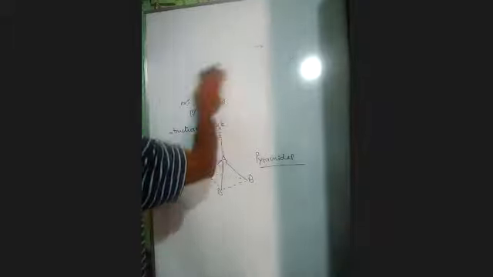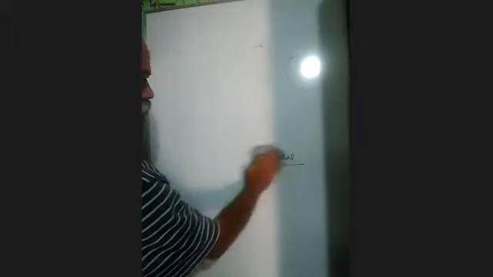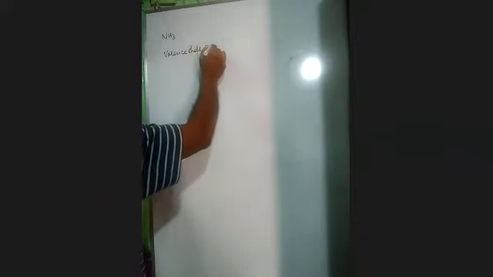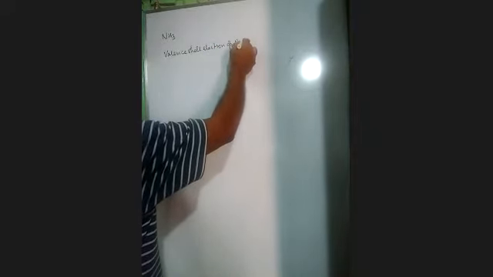We'll do an example. Ammonia. Okay. Now, what will we write here? The electrons of nitrogen is 5.